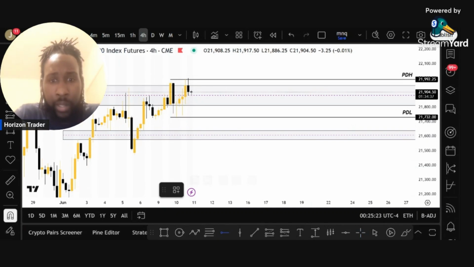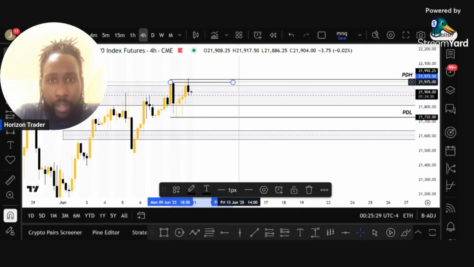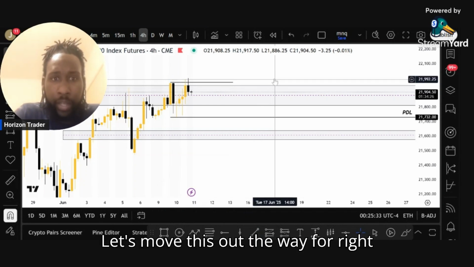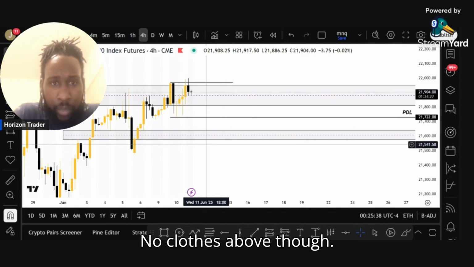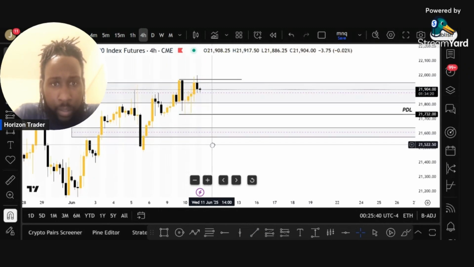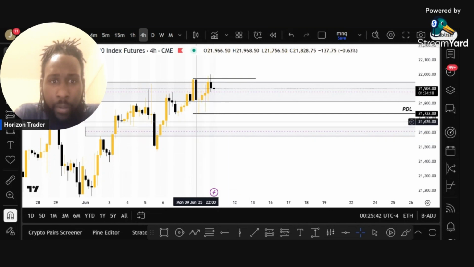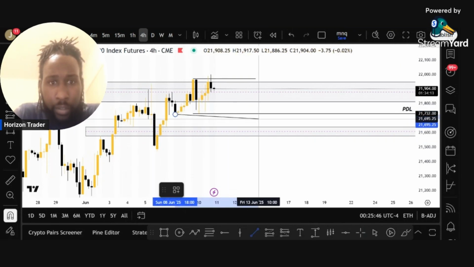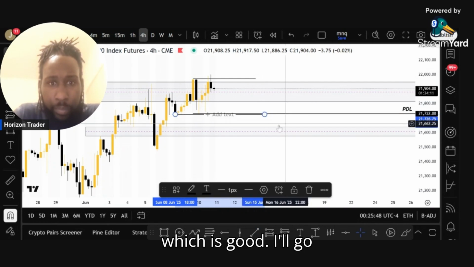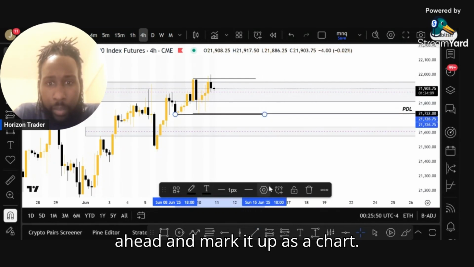So here's a break of structure right here. Let's move this out the way for right now. No close above though. We don't have any changes of character, which is good. I'll go ahead and mark that up as a chart.